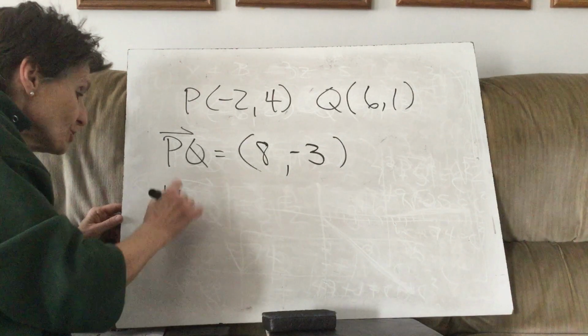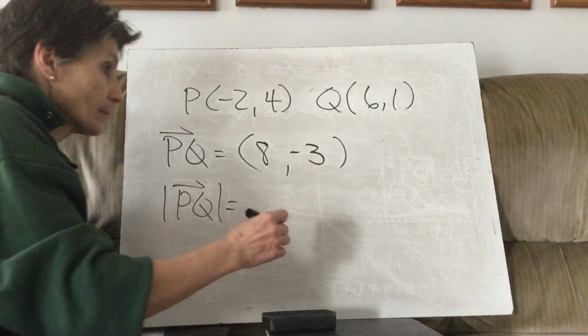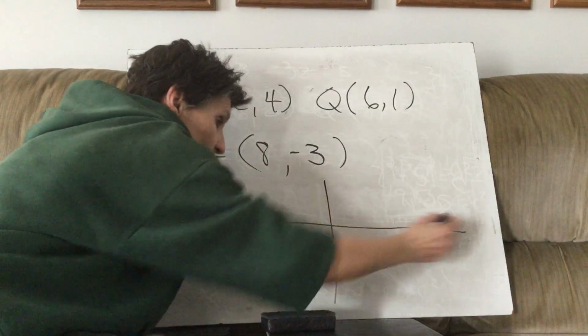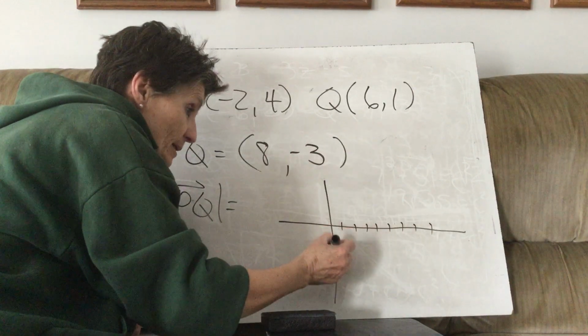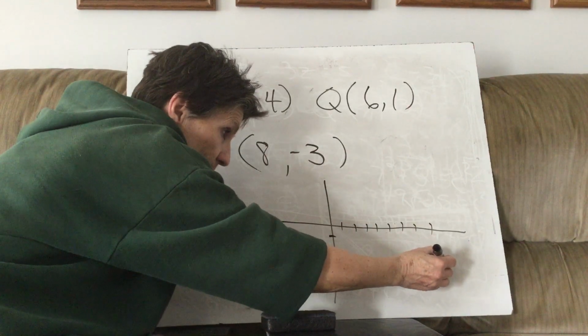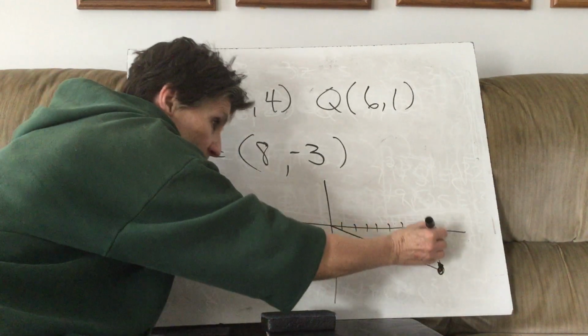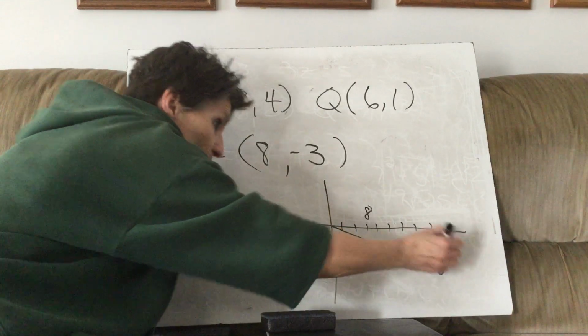Now we need the magnitude. So we'll think about what this looks like. 1, 2, 3, 4, 5, 6, 7, 8 over 8, down 3. Make my little triangle. I'm coming over 8. I'm going down 3.